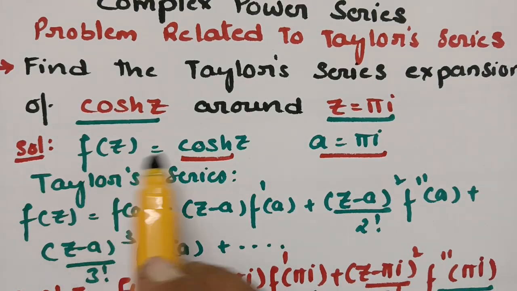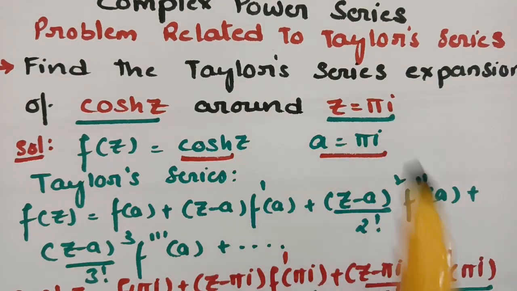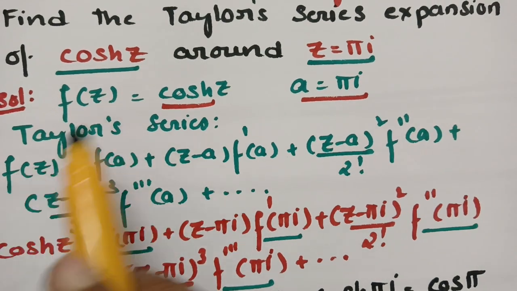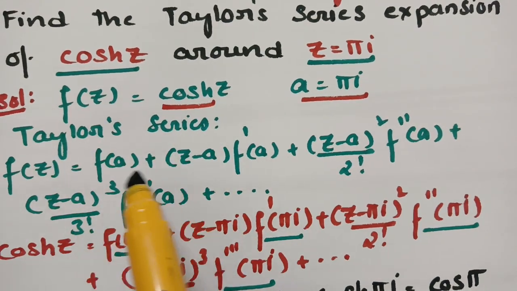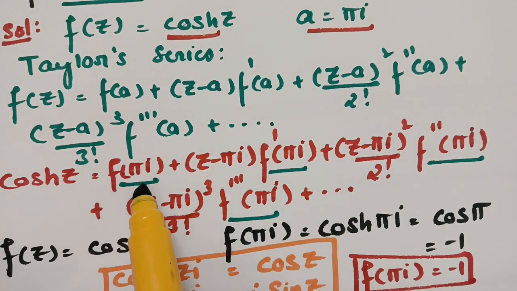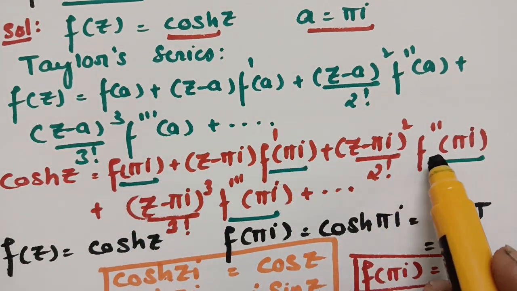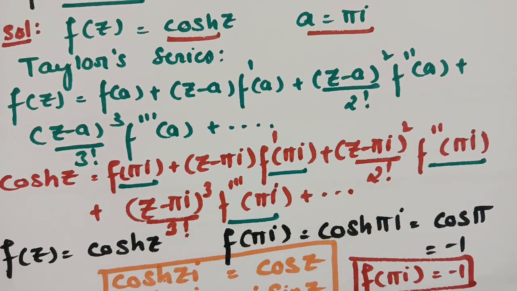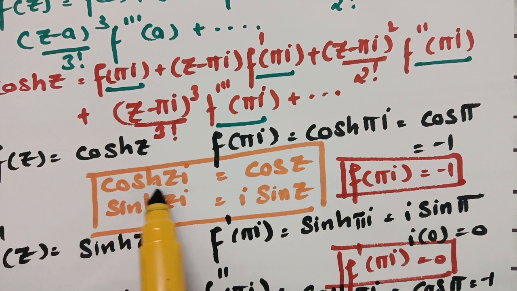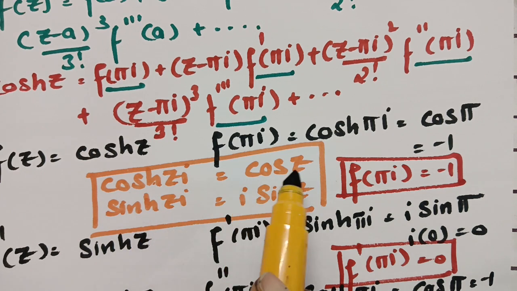First we have to take f of z as cos hz, and a value is pi i, and this is the Taylor series expansion. In place of f of z we keep cos hz, and in place of a we put pi i. Later we have to calculate f of pi i, f dash of pi i, f double dash of pi i, f triple dash of pi i. This is so important: the cos hyperbolic function of zi can be written by neglecting i and writing only the trigonometric function cos z.